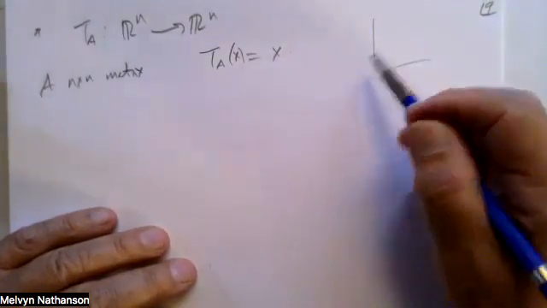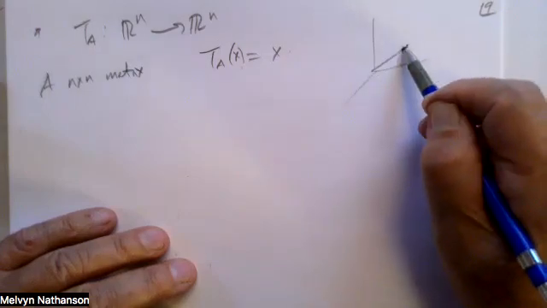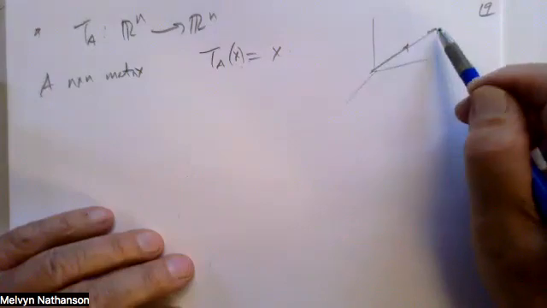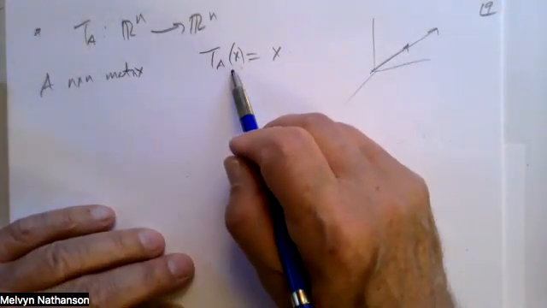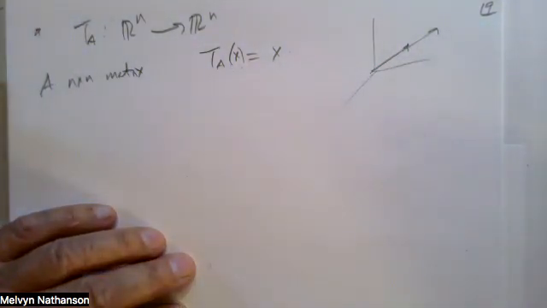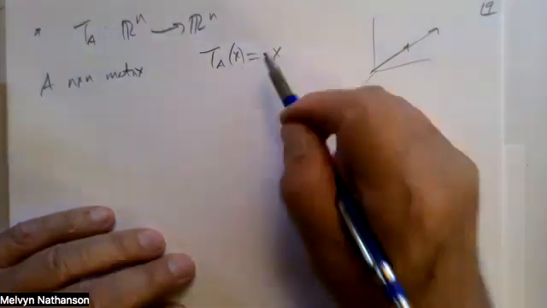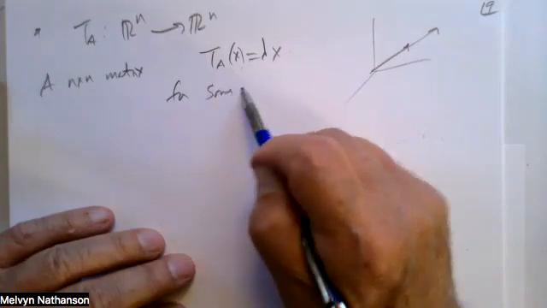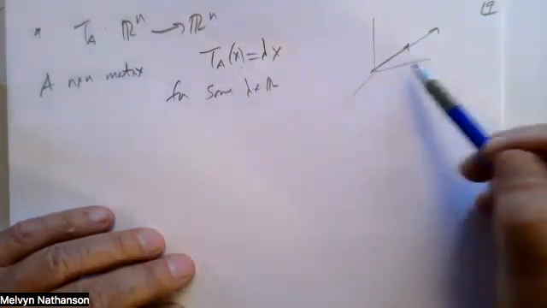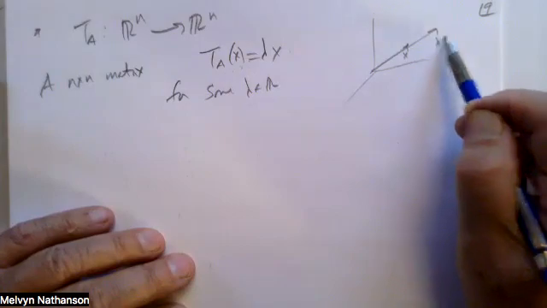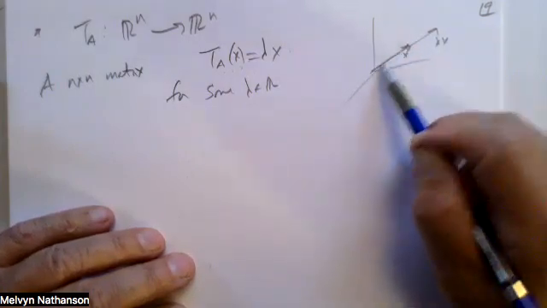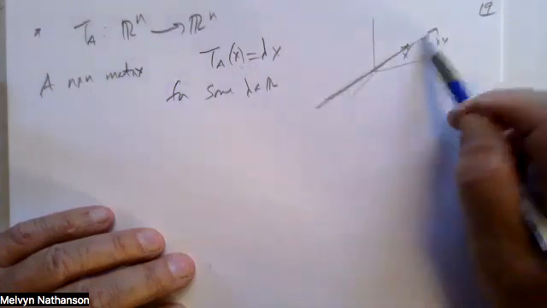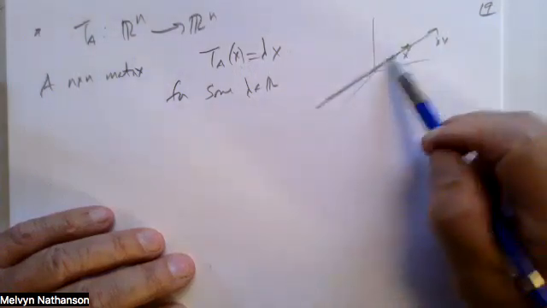Or what's almost as nice is if you have a vector x and T sub A of x doesn't twist or turn it in any way, it just stretches it. So T sub A of x is lambda x for some lambda. So if this is x, it might stretch it or contract it or go in the opposite direction, but it's on the line through the origin.